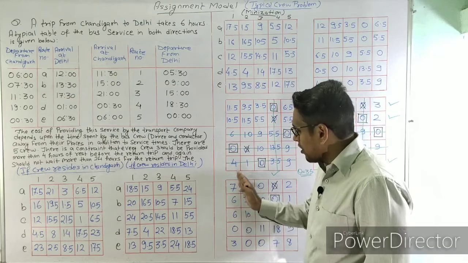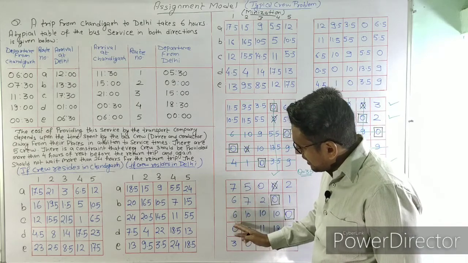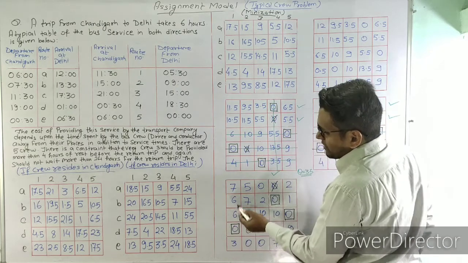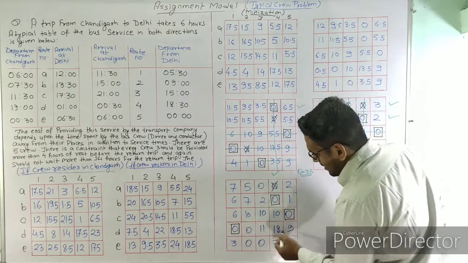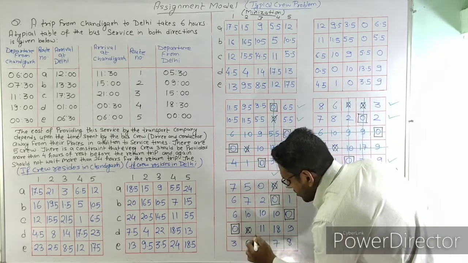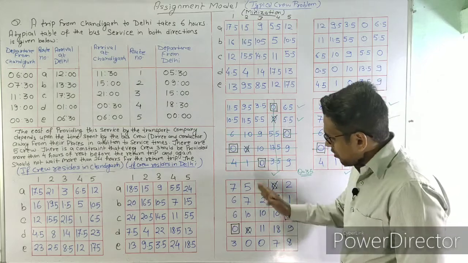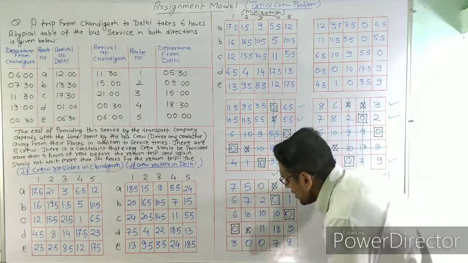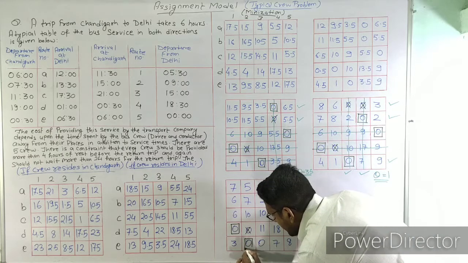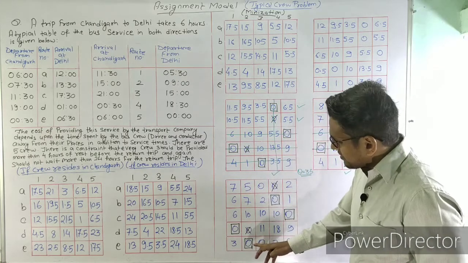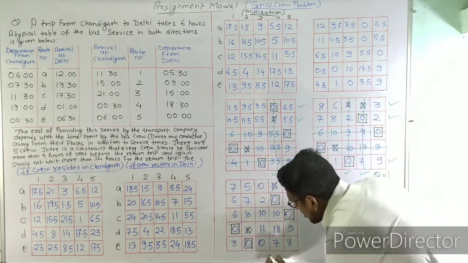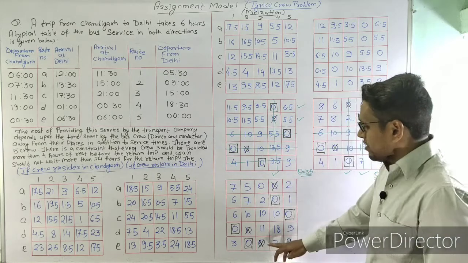Now we will try to assign column wise. In column 1 we have a single 0 here, so we will assign this 0, and once this 0 is assigned, no more assignment can be done in this column and in this row, so this 0 gets crossed out. Now moving on to column 2, we can see that there is now a single 0 present, so this 0 can be assigned, and once this 0 is assigned, no more assignment can be done in this column and in this row, so this 0 also gets crossed out.